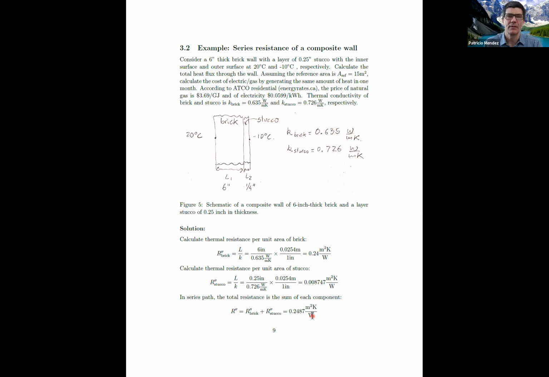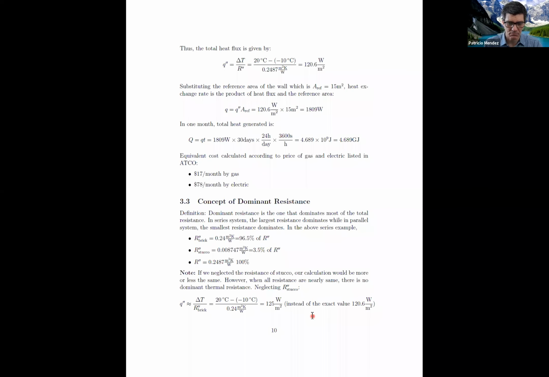And sometimes it's so convenient to forget about those details that if the price we pay is not too high, that's not a big deal. So look, if we had neglected the stucco, instead of calculating 120.6 watts per meter square, we would have calculated 125.